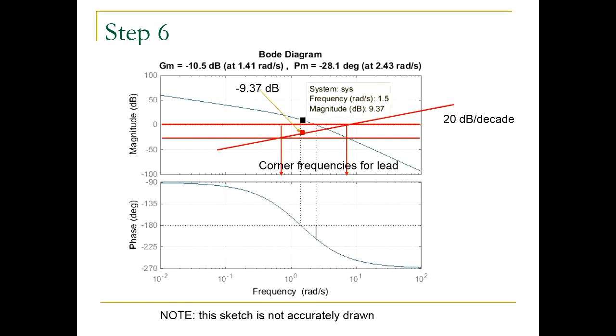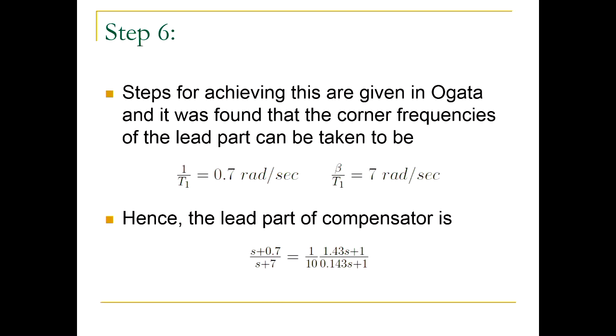Okay, with all this said, you can find from this analysis that the corner frequencies for the lead should be 0.7 and 7. By the way, the desired crossover is 1.5. It's in the middle, right? It's in between. And this is the lead part of the compensator.